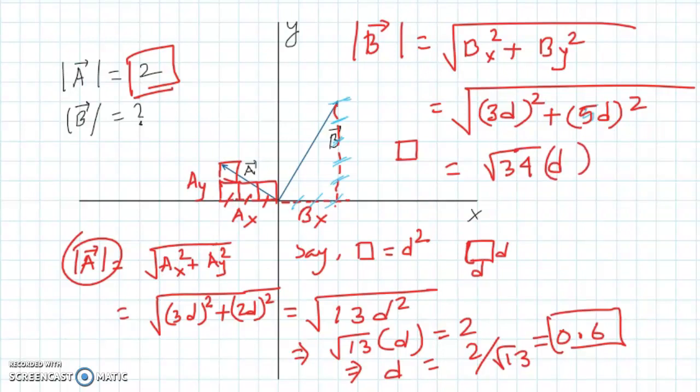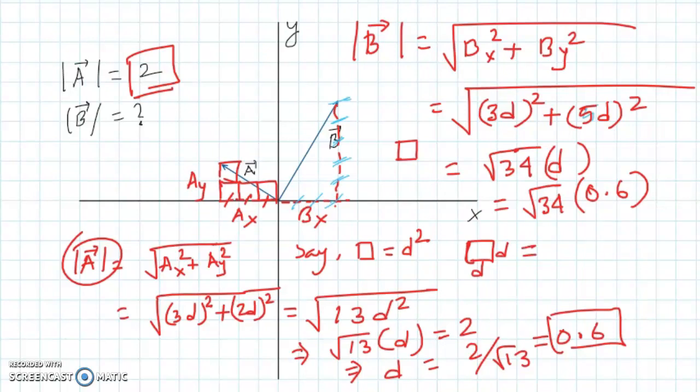So the magnitude of b is, we still need to go a little further, the square root of 34 times d. We have calculated d here, so put in 0.6.